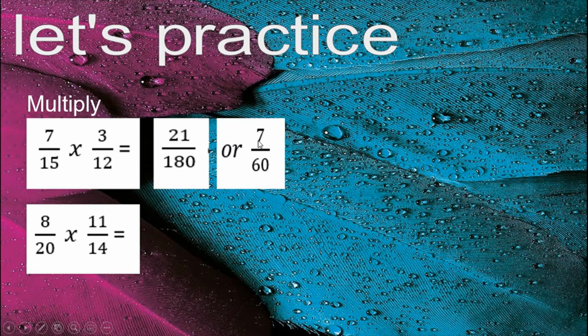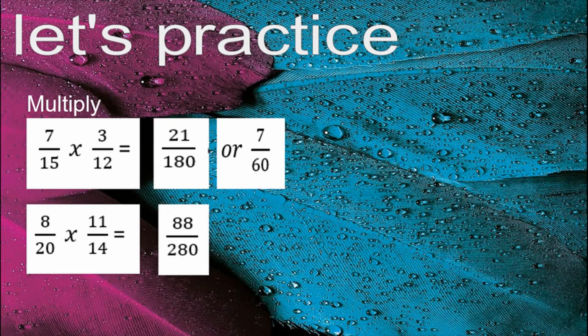Okay, so let's start with the next one. We have 8 over 20 times 11 over 14. For this one, again, in multiplying fractions, top times top, bottom times bottom. Now 8 times 11, that is 88, and 20 times 14, this one is 280.